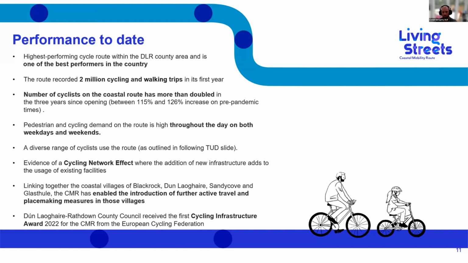So the TU Dublin report then, when they were monitoring things like the age profile or the type of trip, they actually did intercept surveys at 3 different times. So I think it was in October, November, in 3 consecutive years. So they stopped people and asked them what they were doing and what type of trip they were. So there are 2 things there, but the reference to the 2 million trips is relating to the permanent counters we have along the route and what they picked up.